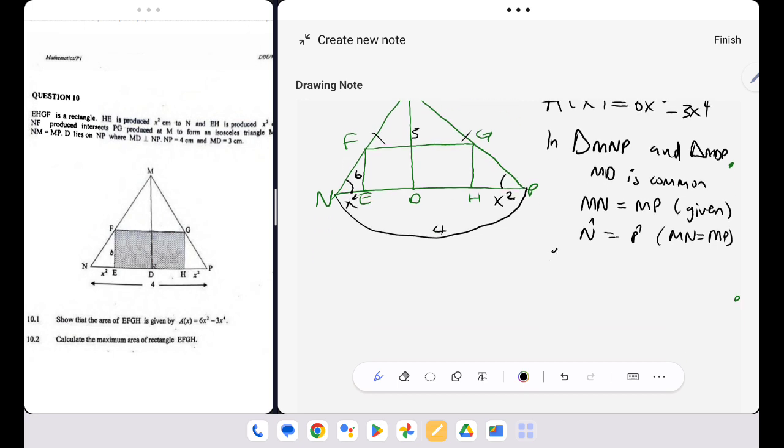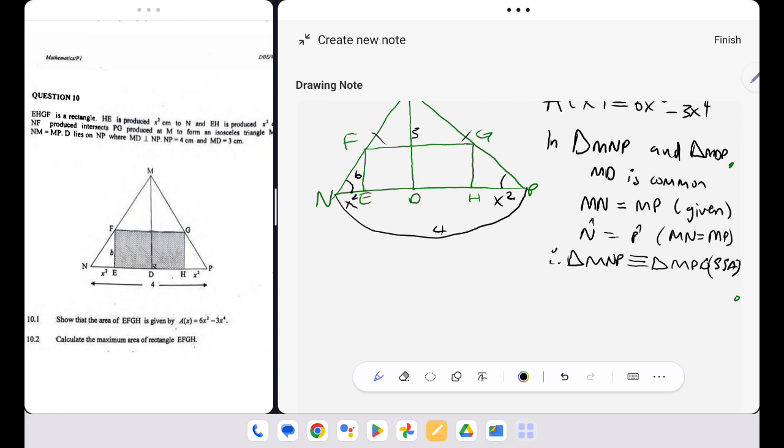So therefore, triangle MNP is congruent to triangle MDP, right? Side, angle, and angle.